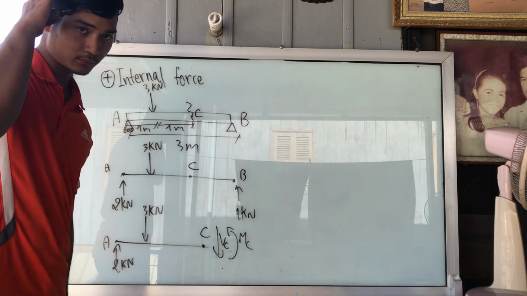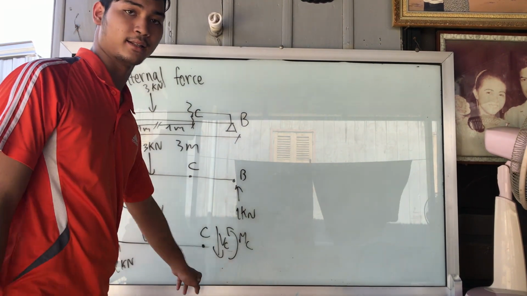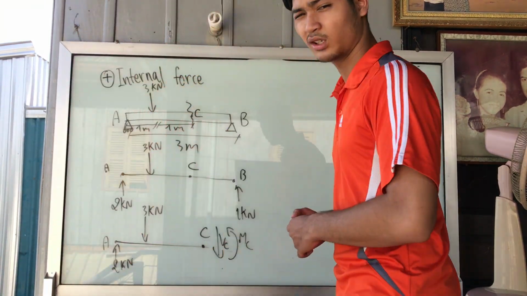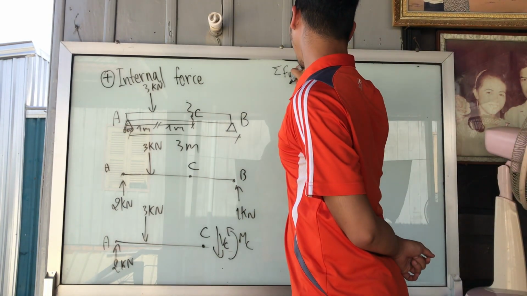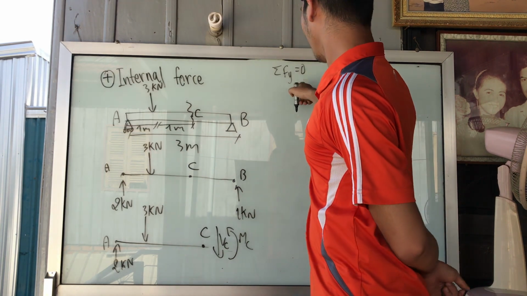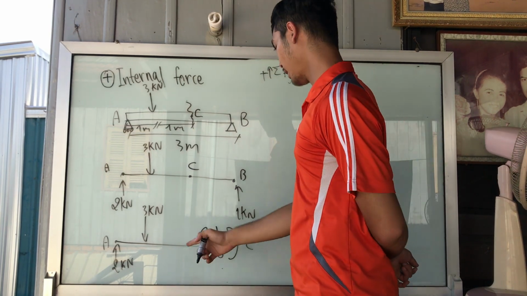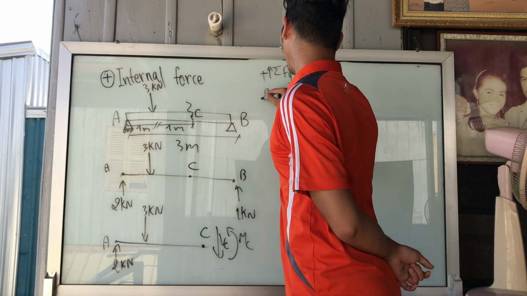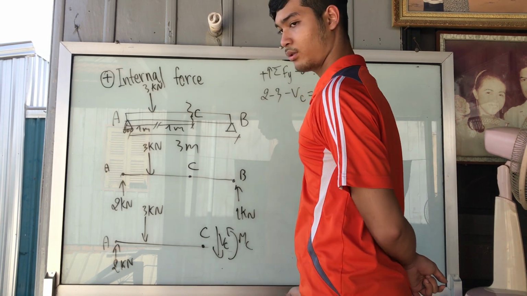Okay, so let's find the shear and moment at point C using the same method. Sigma Fy equal to 0, upward positive. What we get? 2 minus 3 minus Vc equal to 0.